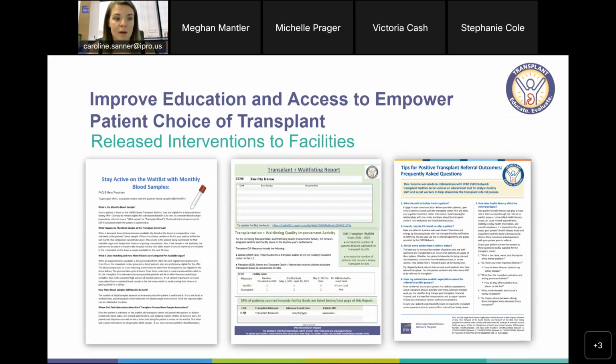The middle image is that performance scorecard. We did do an activity with that recently. And then on the right-hand side is a tips for positive transplant referral outcomes FAQ guide that was developed with network transplant centers to help streamline the referral process to reduce burden amongst all parties that participate in the referral process, so patient, dialysis, and transplant providers. Next slide.